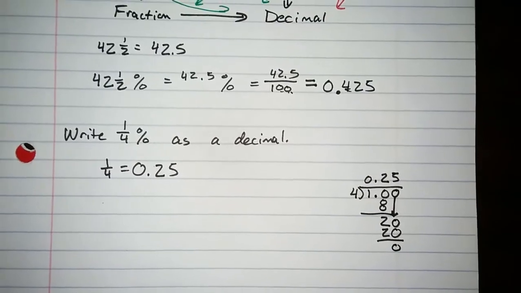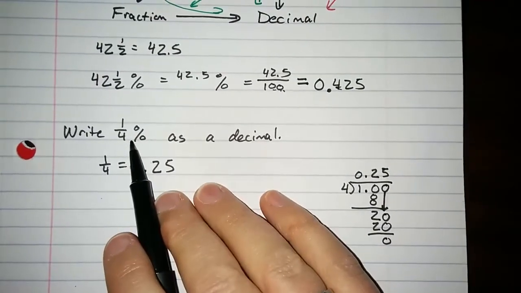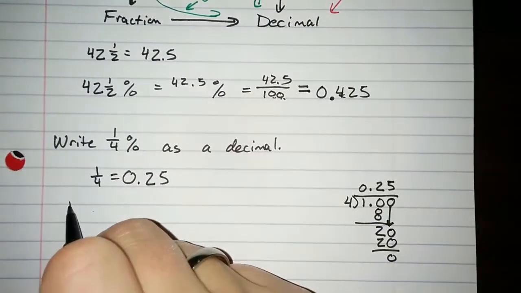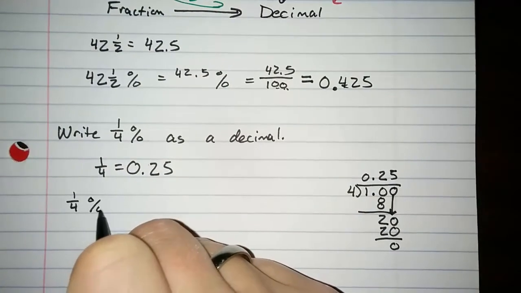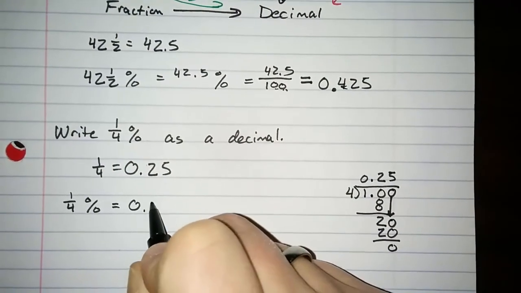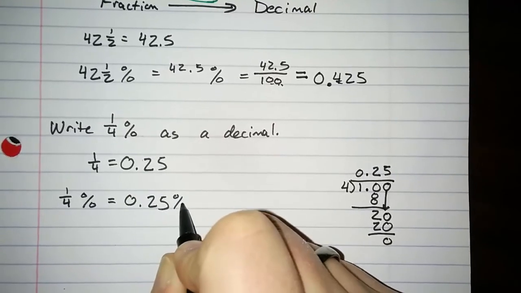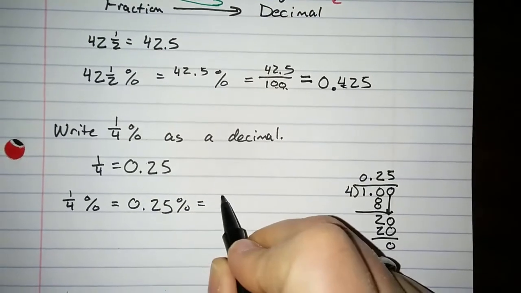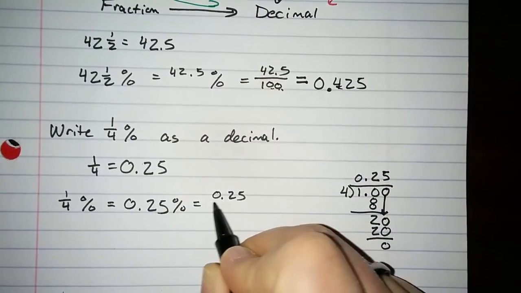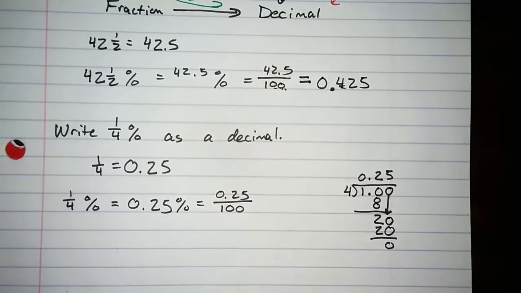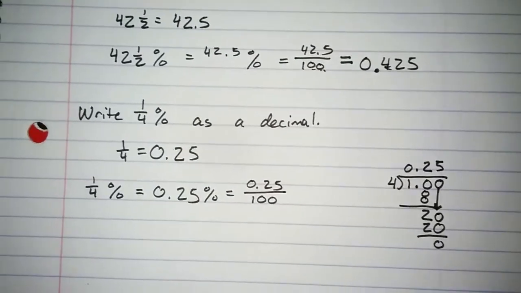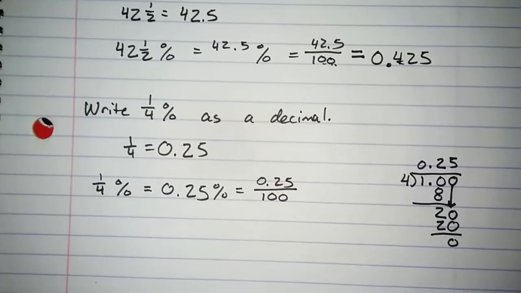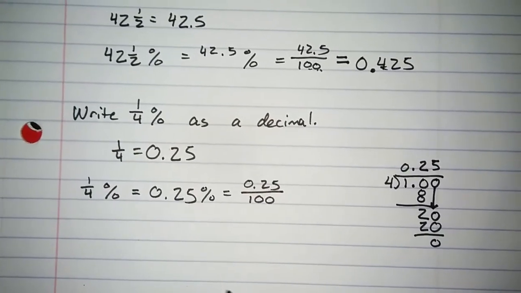But I'm not done, right? Because this isn't 1/4, it's 1/4%. 1/4 of a percent is 0.25%, is 0.25 out of 100. I want more digits to the right of the decimal point.